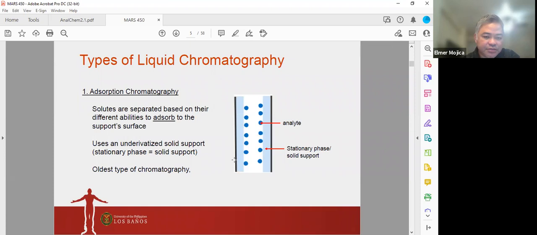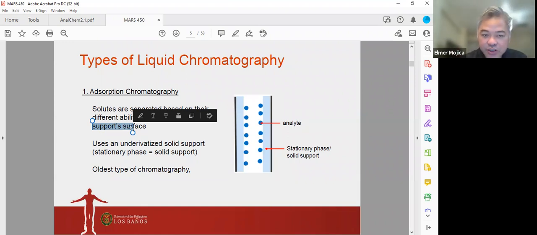The first type of liquid chromatography has something to do with adsorption. When we're talking about adsorption, the term we usually use is stick to the surface. The solutes are separated based on their different abilities to adsorb to the support surface. That's why I told you, stick to the surface. If you have partition, it's dissolved into the bulk, which we're going to discuss in later slides.